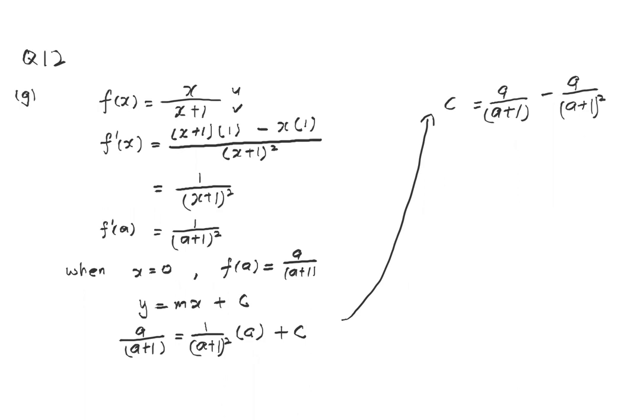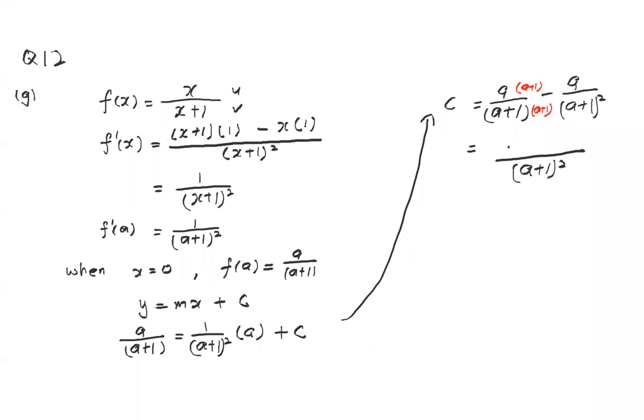To simplify this, you must make sure the denominator is the same. So I times this with a plus 1, and the top also needs to be multiplied by a plus 1. Now the denominator is the same, a plus 1 squared.